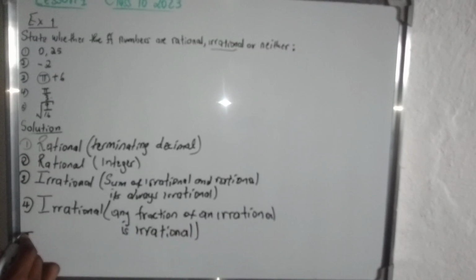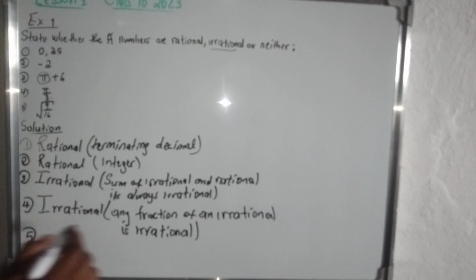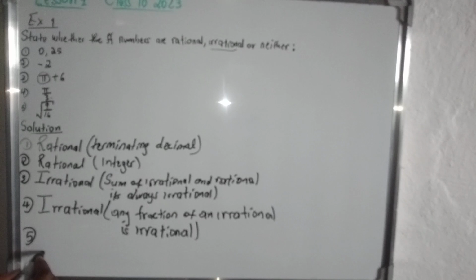Now let's look at the fifth one together. That is the square root of 9 over 16. So please, boys and girls, do not confuse this. This is the square root of 9 over 16.